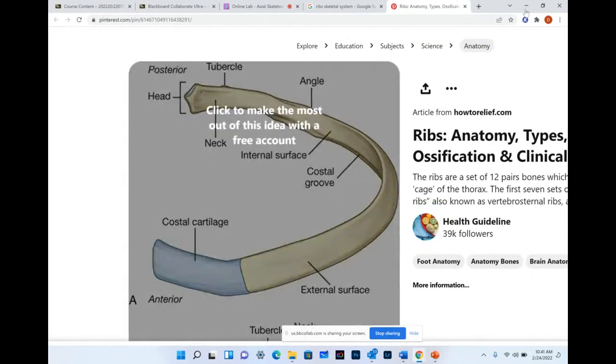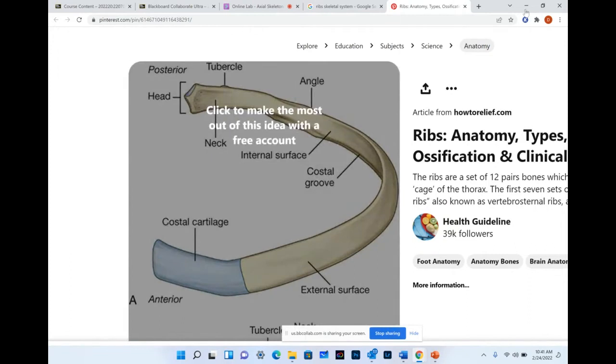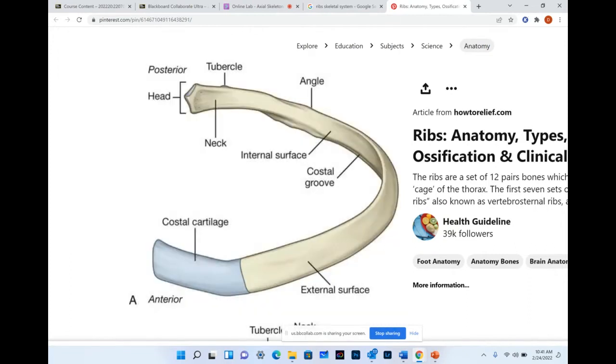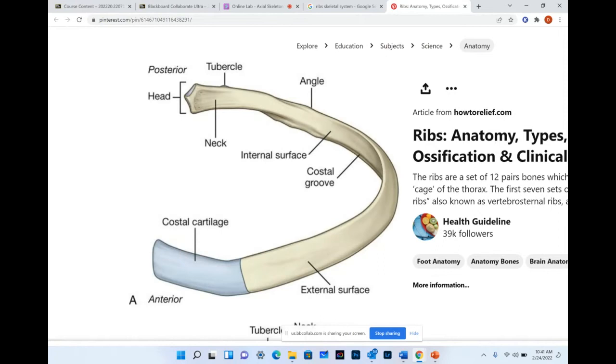And then you have the flat end in the front, that is your sternal end, which articulates with the sternum through the costal cartilage. Now, another thing is, do you see this line at the bottom? It's pretty sharp. That is your inferior border. Do you understand this?